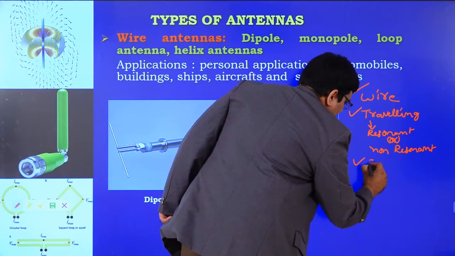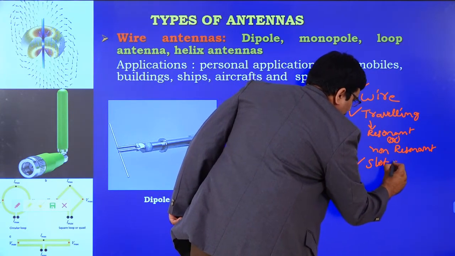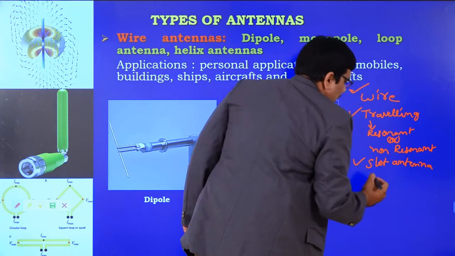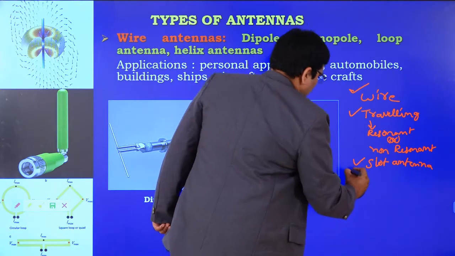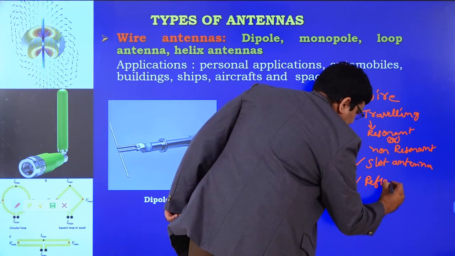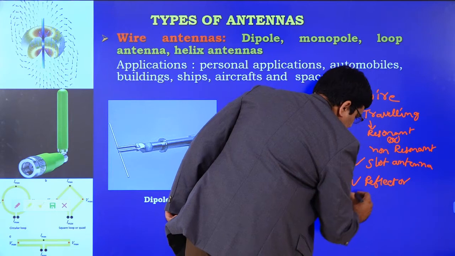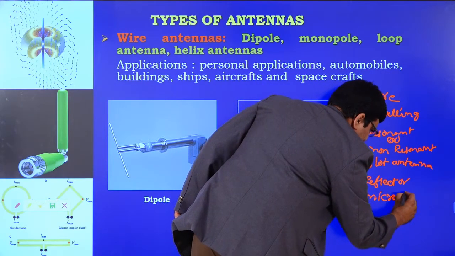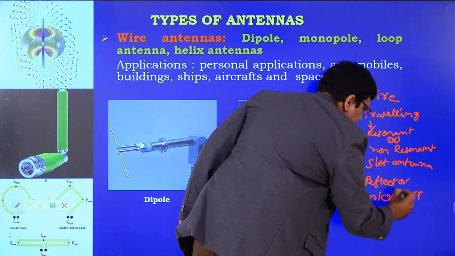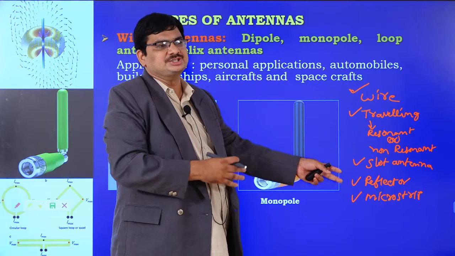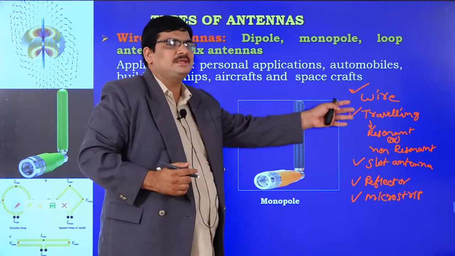Another type is the slot antenna, where we cut a slot in the antenna, and also there are many reflector antennas, and microstrip antennas. Now everywhere, in every application like military applications, we use microstrip antennas with various shapes. So these are some of the antennas.